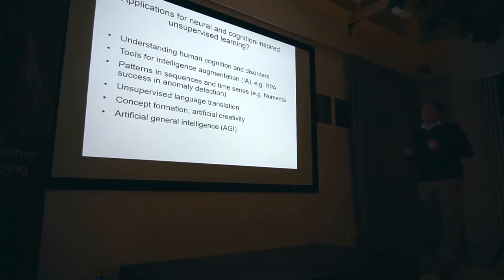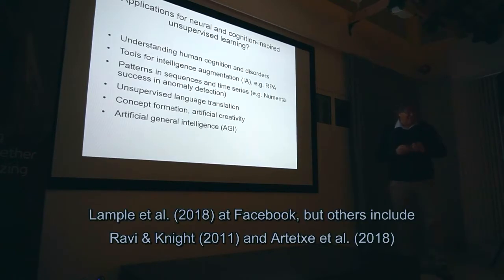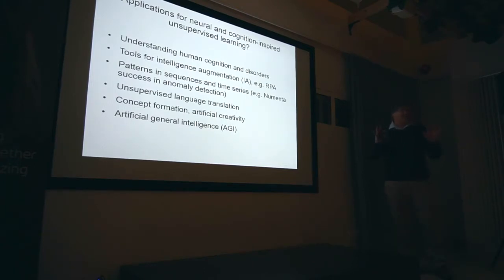Facebook is now working on unsupervised language translation, where you don't have a common set of sentences, you just have text. And there are now techniques for mapping one set of text to another. And if we ever get to the point where we try to communicate with other species, that might be a way to do it. Concept formation, artificial creativity, and AI, AGI are all possible applications. Building on top of unsupervised learning with reinforcement learning.